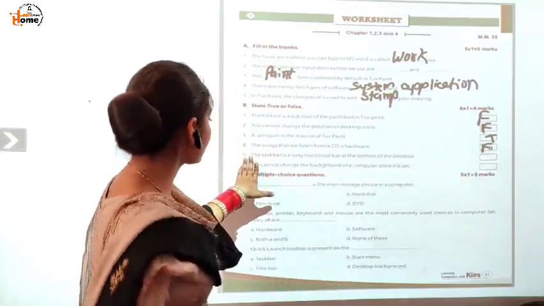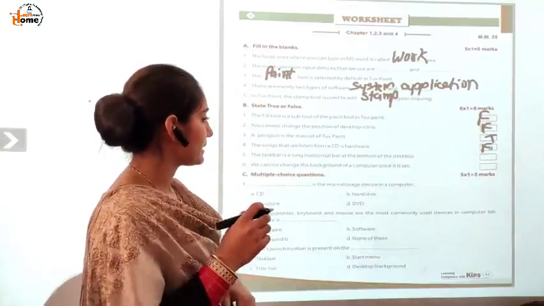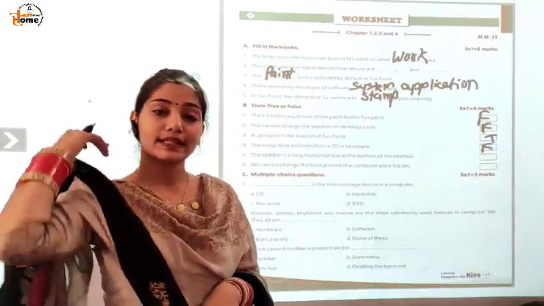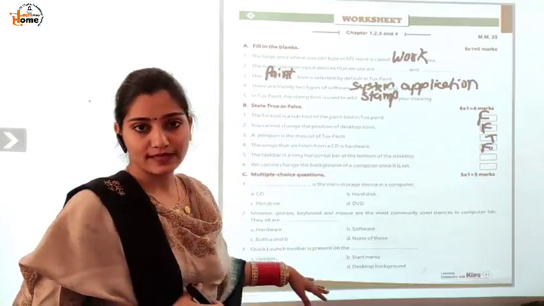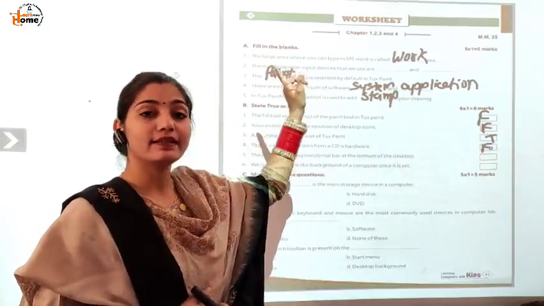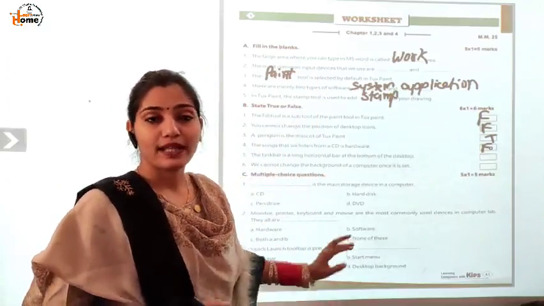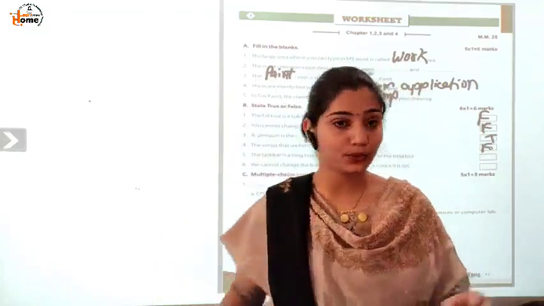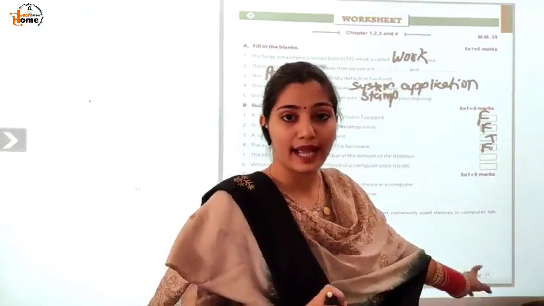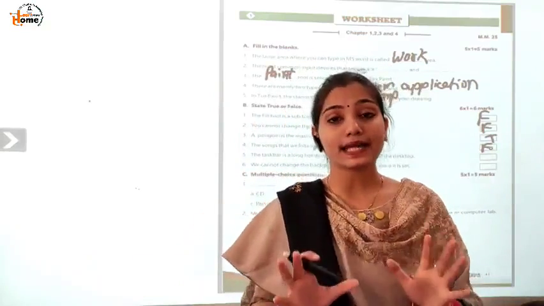Next is the taskbar is a long horizontal bar at the bottom of the desktop. Where is the taskbar? It is at the bottom of the screen, right? Title bar is at the top and taskbar is at the bottom. The bar from the start button till where the time is displayed, all that bar is the taskbar.